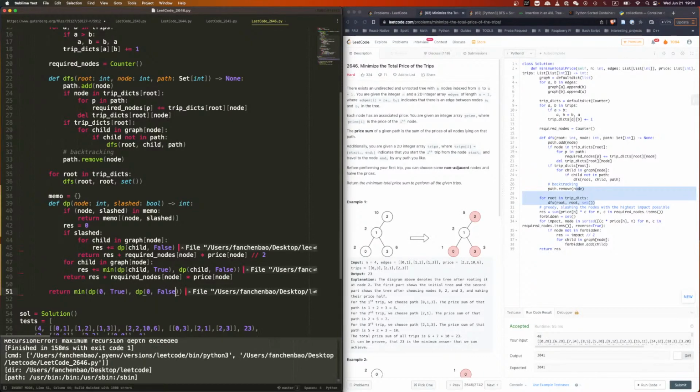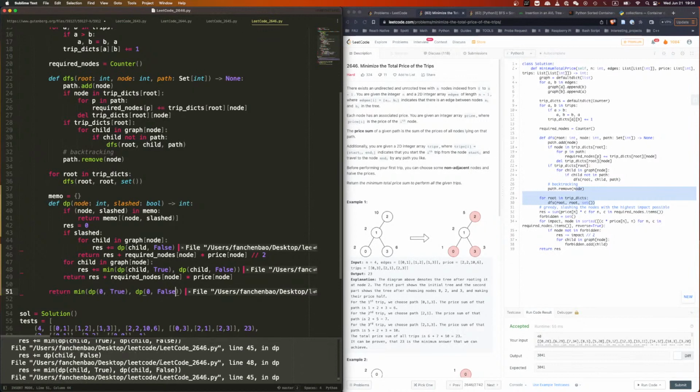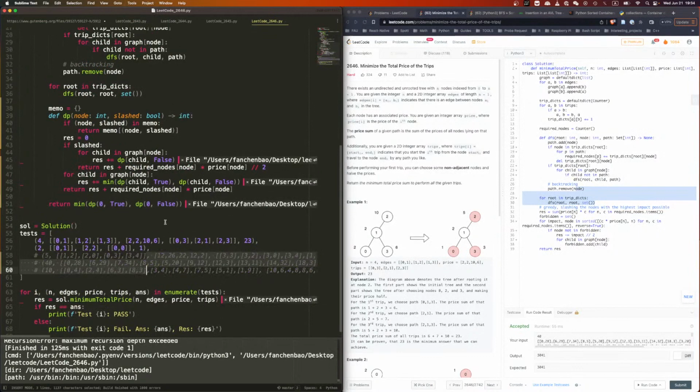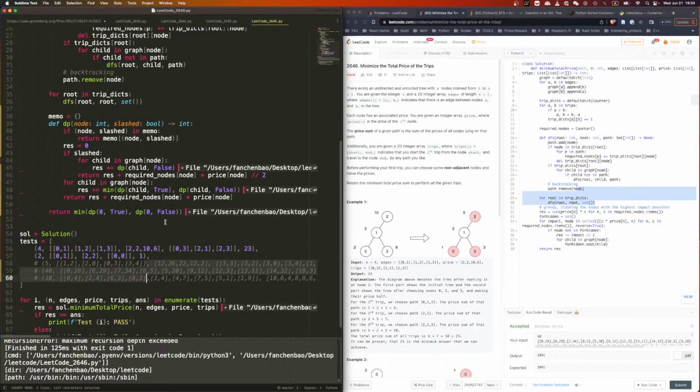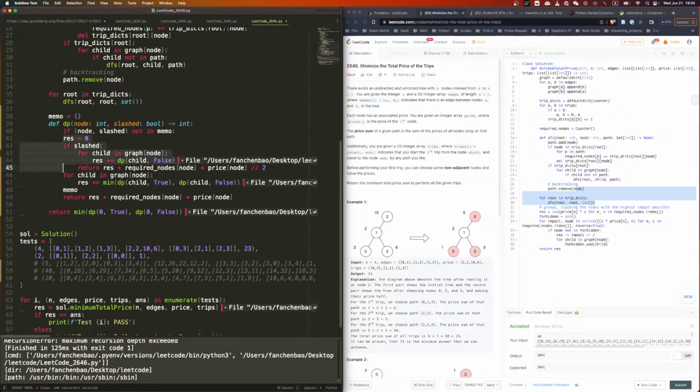Does this work? Maximum recursion depth exceeded. That is very interesting. Wait, hold a second. Are these correct? No, these are not correct either. Oh, because you never save it in the memo. If these are not in memo, I'll do all of these.